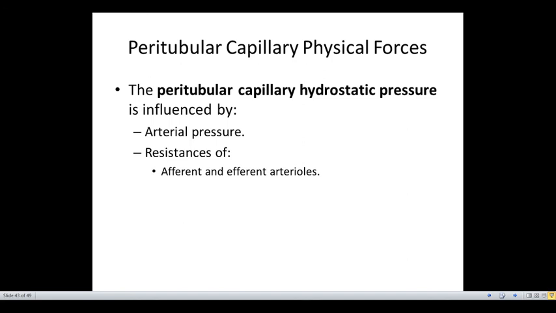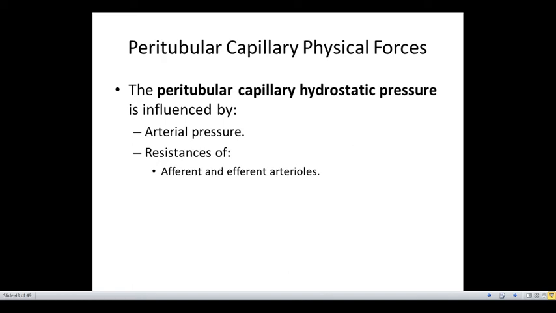The peritubular capillary hydrostatic pressure is influenced by number one, arterial pressure, and number two, resistances of the afferent and efferent arterioles.